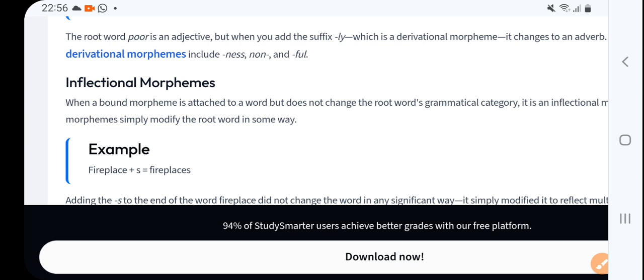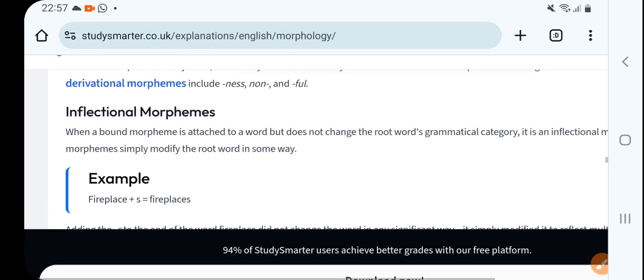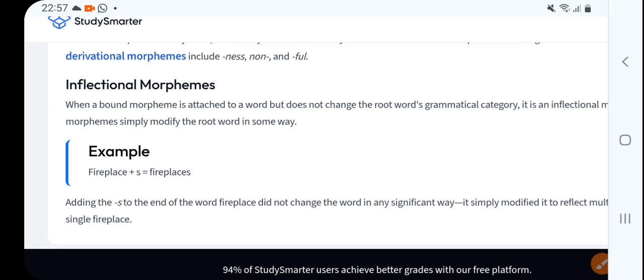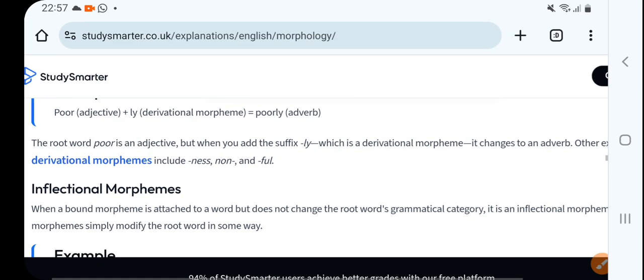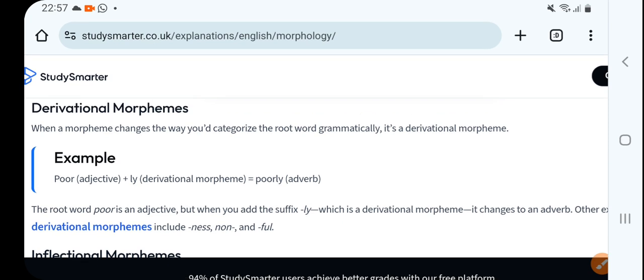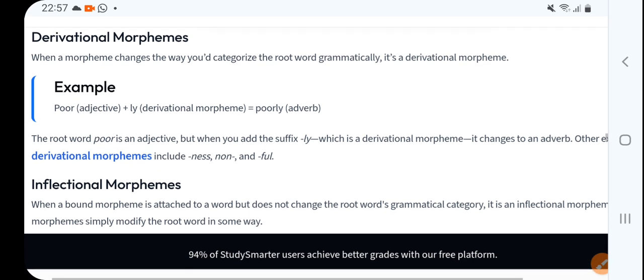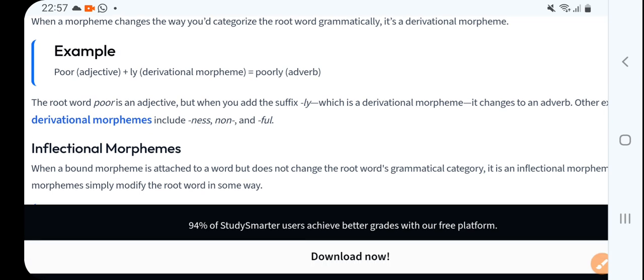Other examples of derivational morphemes include ness, non, and full, as in powerfulness, non-existing, powerful. When the grammatical status changes, that is a derivational morpheme, right?